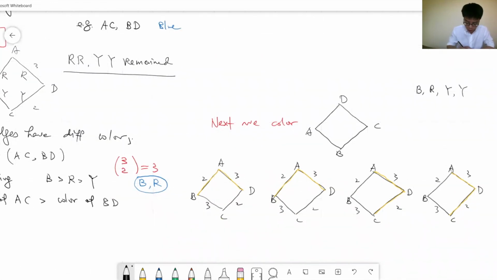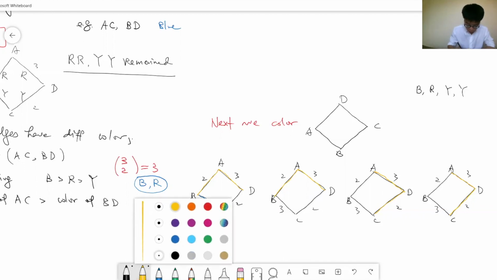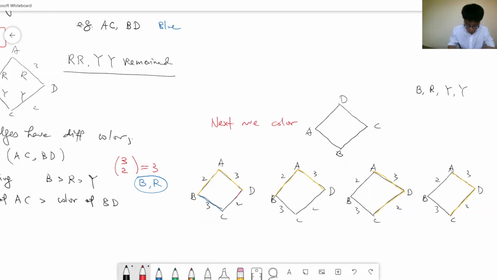Right. Next, we consider the coloring of the blue and R. For each yellow coloring, we have two ways to color blue and R. For example, this is blue, this is red, or this is red, and this is blue. Okay, they are different because we cannot flip anymore. All right, next for this coloring, same idea.